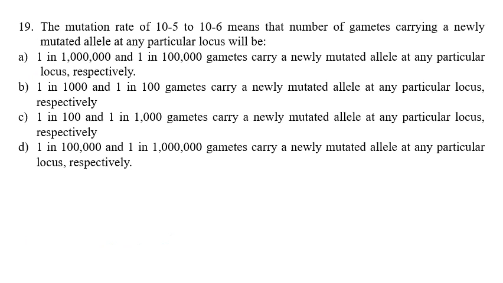Next. The mutation rate of 10 to the power minus 5 to 10 to the power minus 6 means that the number of gametes carrying a newly mutated allele at any particular locus will be. Okay? So the mutation rate of 10 to the power minus 5 indicates that the mutated allele appears in 1 in every 1 lakh gametes.